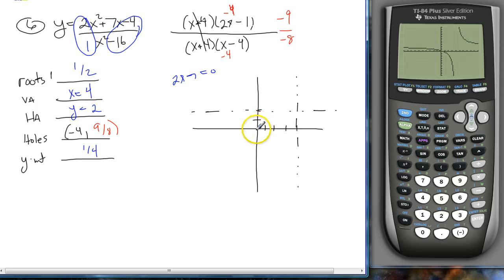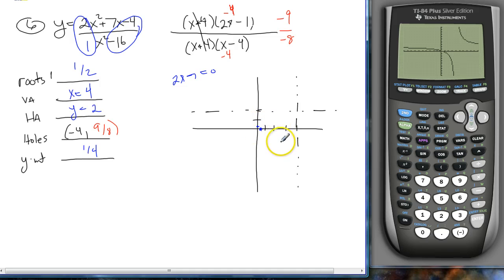We have a hole at negative 4, positive 9/8. That's over here somewhere. 9/8 is just a little bit over 1. And what do I got here? I got a root at 1/2. So that's a root. The y-intercept is a little bit, it's 1/4.